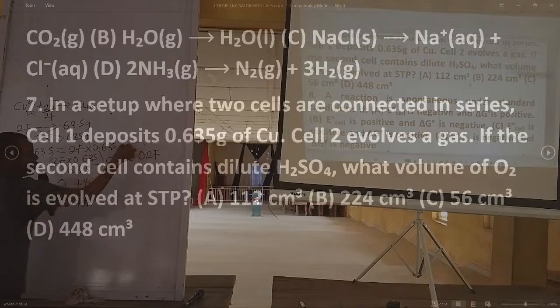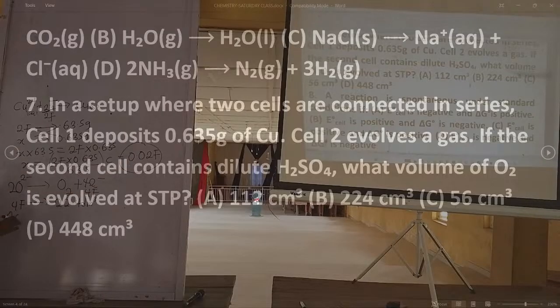Then we now find out how much volume of oxygen 0.02 Faraday will evolve. So 0.02F will now liberate or evolve how many dm3 of oxygen.